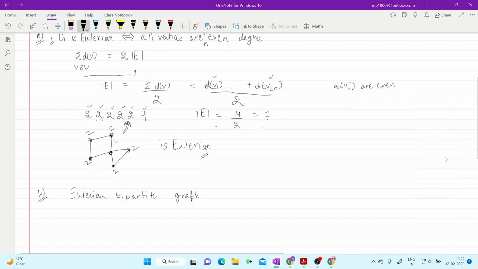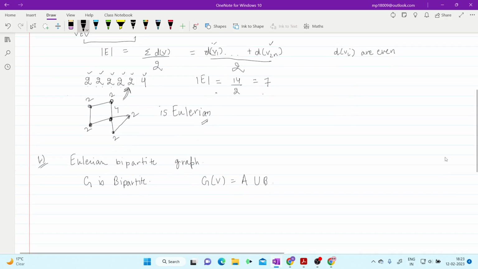So let's look at this. Suppose first of all G is bipartite. So we can write the vertices of G as A union B, and G is Eulerian. So what are the degrees?